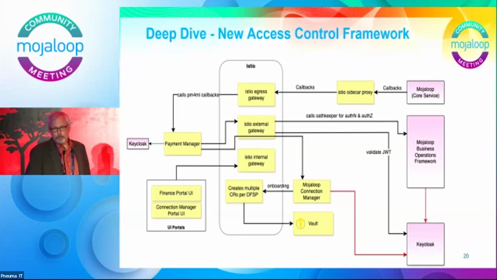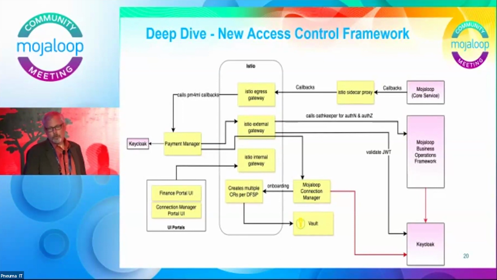And then the last thing to say would be connection manager in the middle, near the bottom. It does the onboarding, and the onboarding now consists of creating multiple custom resources for each onboarded DFSP.